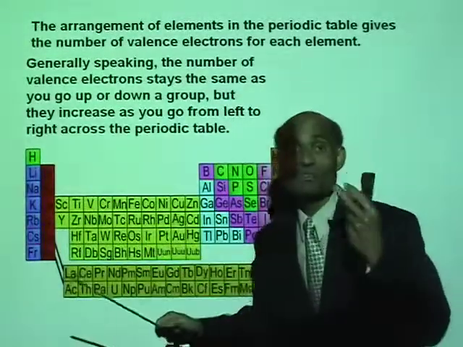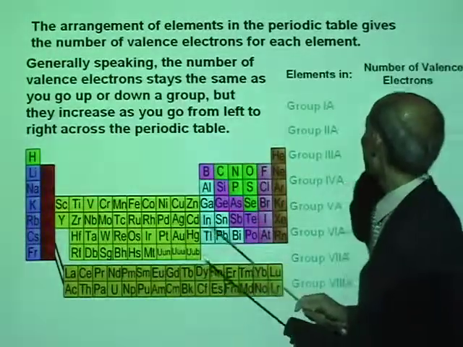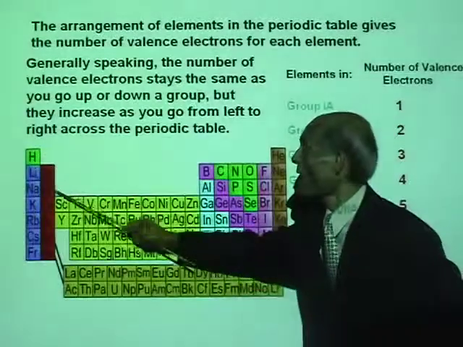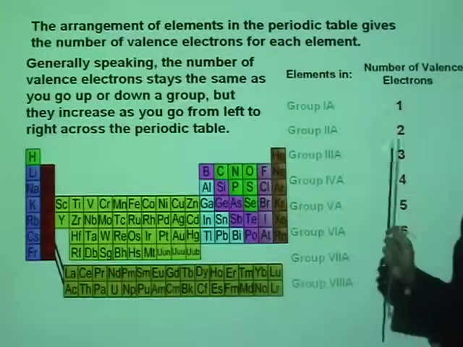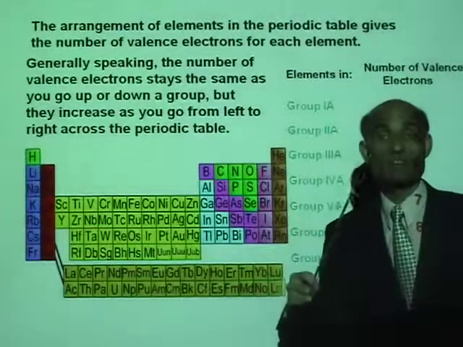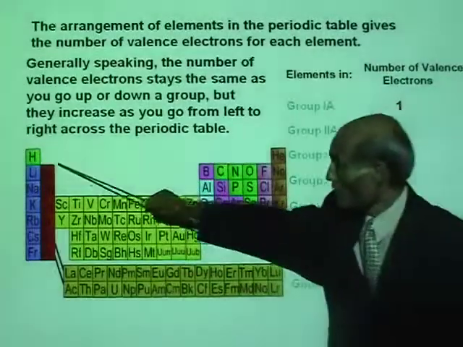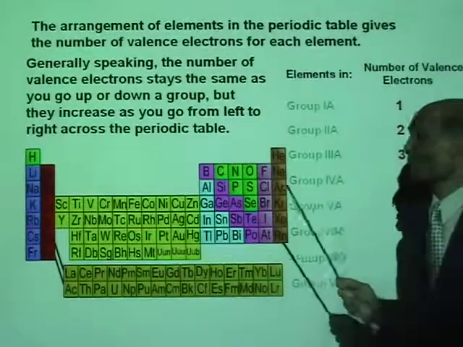They all have two electrons in the outer shell. Two valence electrons. So group 1A elements, the number of electrons in the outer shell is just one. Group 2A elements, there are two valence electrons.